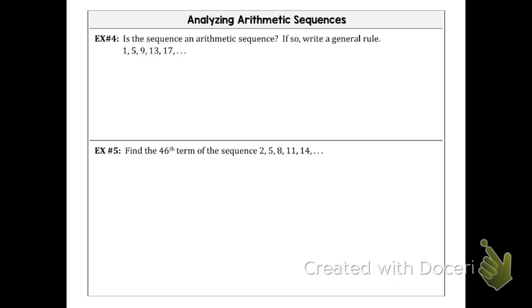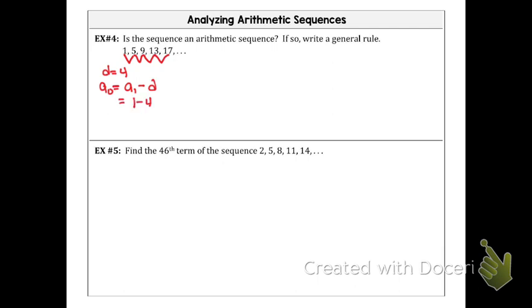All right, example 4 says, is this sequence an arithmetic sequence? And if so, write the general rule. Well, how would I get from 1 to 5, 5 to 9, 9 to 13, 13 to 17? Each time we're adding 4. So our common difference there is 4. That's really big, I'm going to write a little smaller there. Now to find a sub 0, it told us it's a sub 1 minus that common difference.